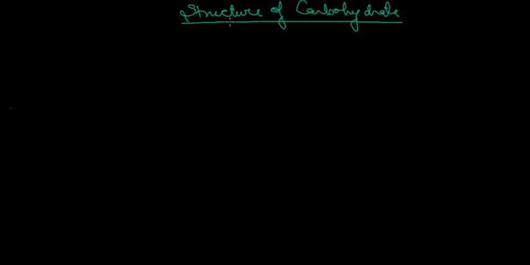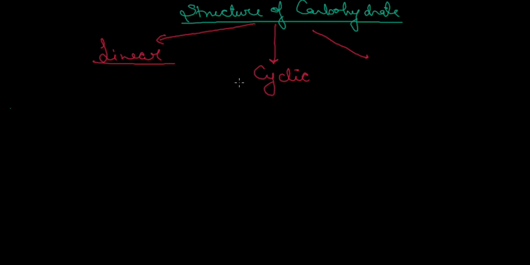Further, we deal with the structure of carbohydrates. The structure of carbohydrates is of three types: linear chain structure, cyclic or ring structure, and third is the Fischer projection, which was discovered by Fischer.